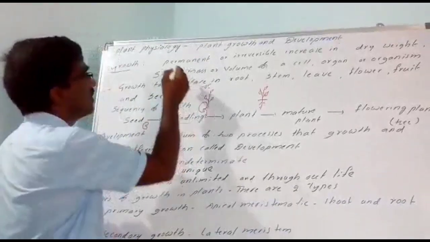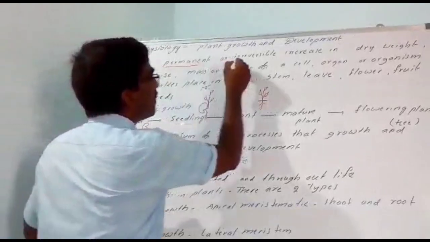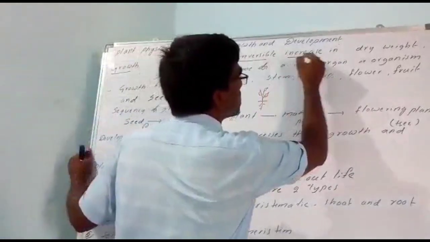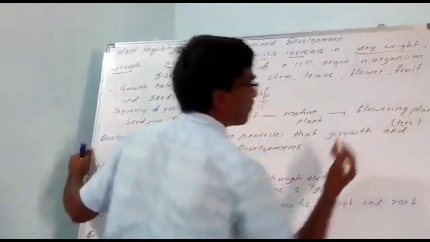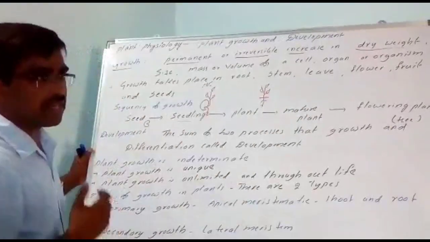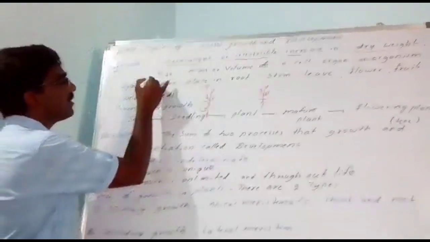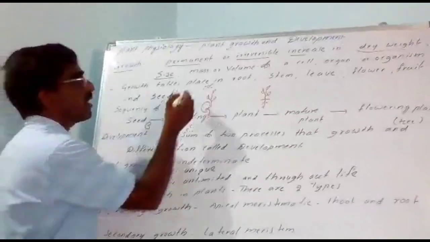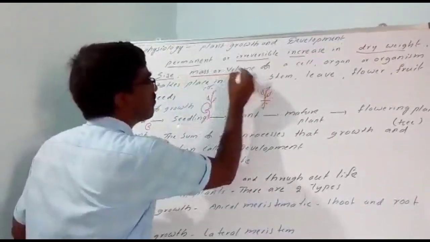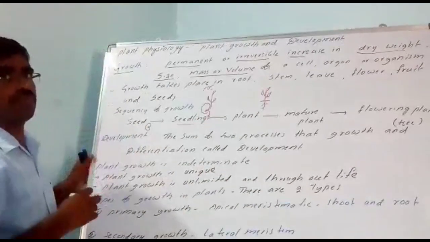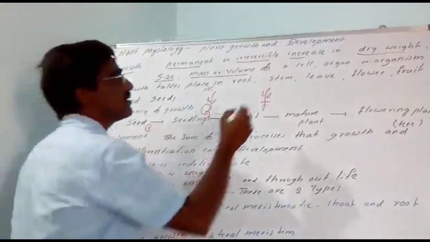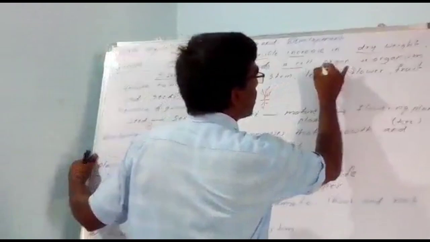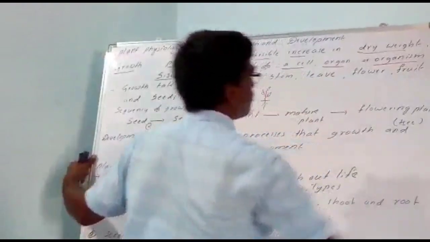In the sense, a permanent or irreversible increase in dry weight means the plant's wet or dry weight, or the size of the plant, 2 centimeters to 3 centimeters, or mass of the value means the total amount of plant body, that is in the part of a cell or an organ or an organism.